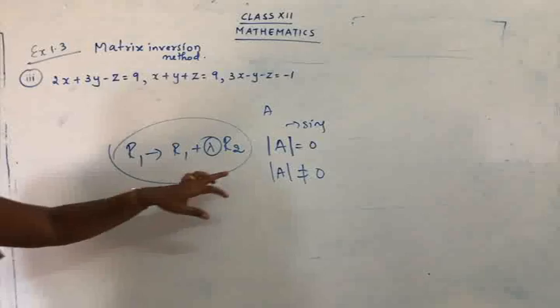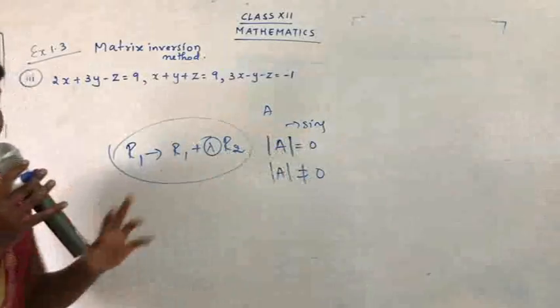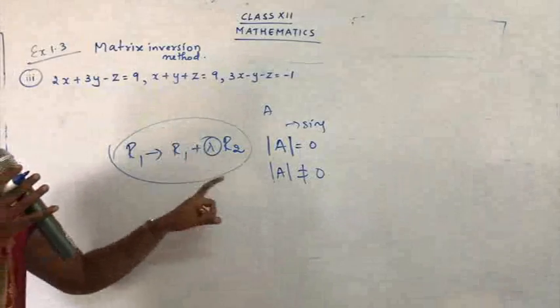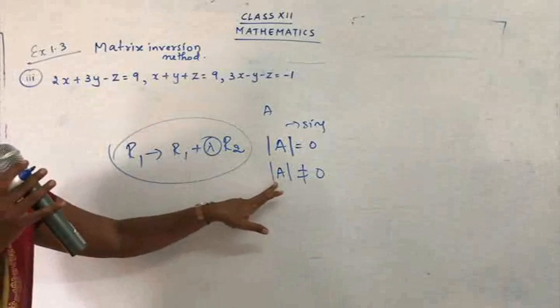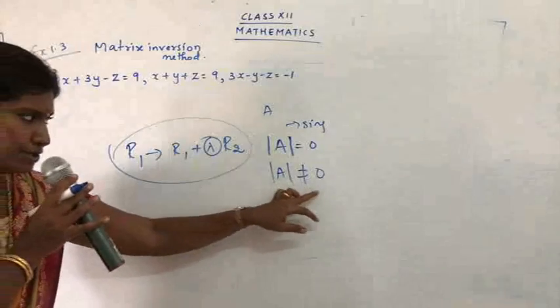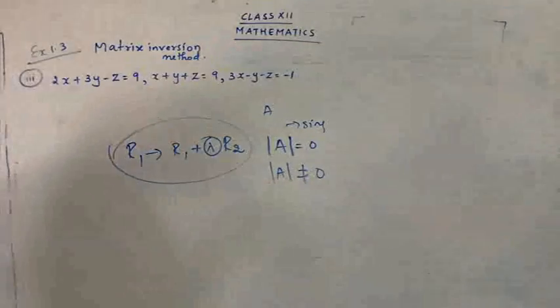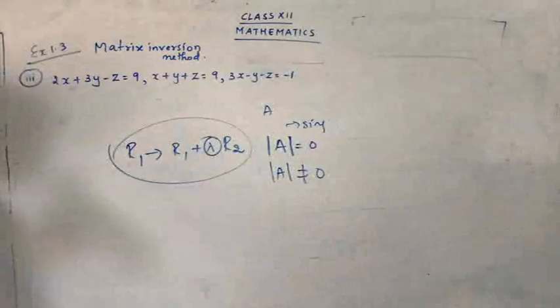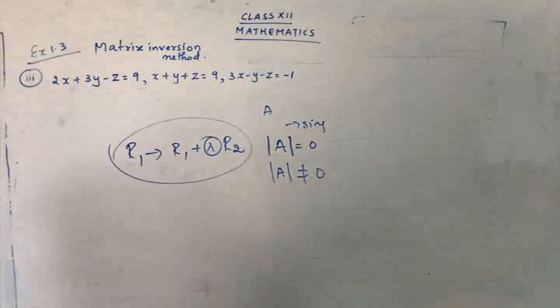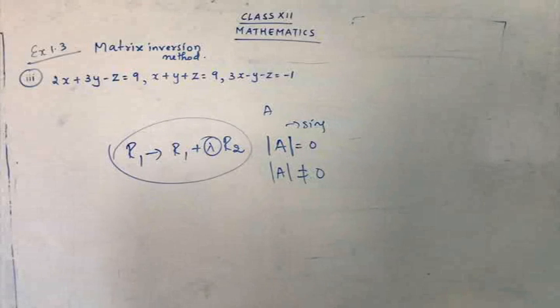We have studied, yes, if we get determinant as 0, the inverse will not exist. So remember, if you have to find the inverse, the determinant should not be equal to 0. And if the determinant is not equal to 0, we say that the matrix is a non-singular matrix. So this was the sum that we have done in our previous class.